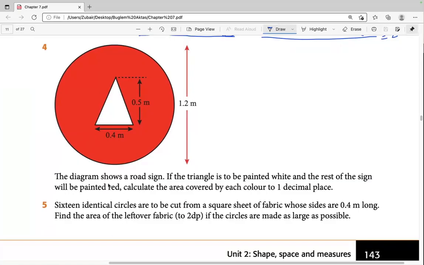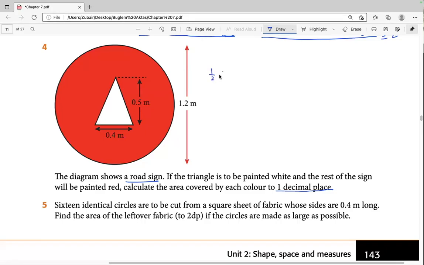Okay. Diagram 4 shows a road sign. If the triangle is to be painted white and the rest of the sign will be painted red, calculate the area covered by each color to one decimal place. So we can start with the triangle first.